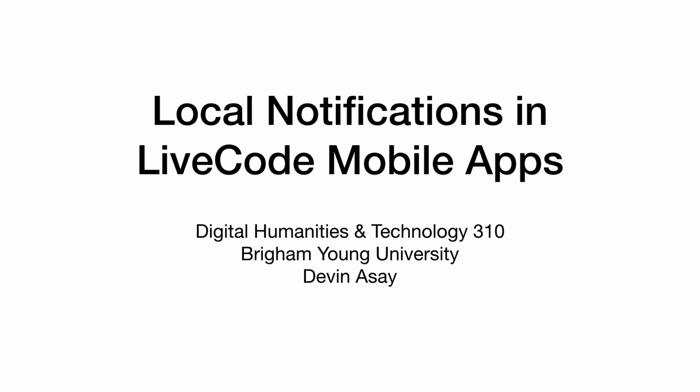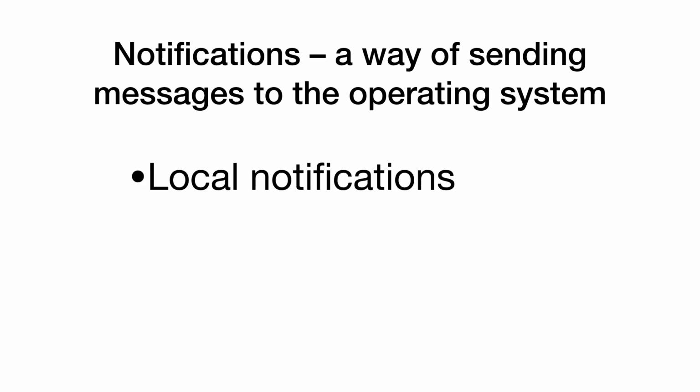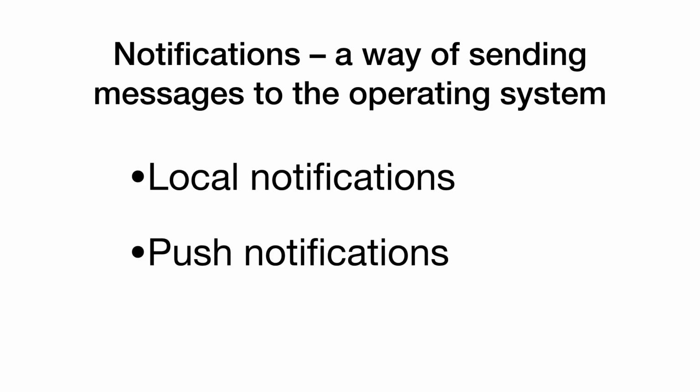So notifications are basically a way for your app to send messages to the operating system. There are two types of notifications. There are local notifications, and there are push notifications, and you see all of these all the time. Local notifications come from an app on your device.